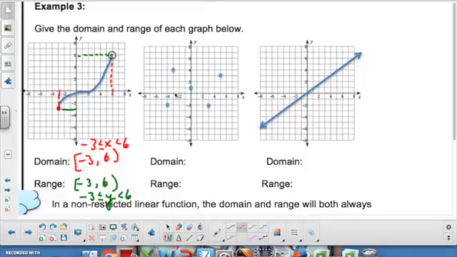This is an example of a relation that is discrete rather than continuous, because notice, whereas here we had a nice clean line with no breaks or gaps, this is just disjointed or discrete points all over. So to find our domain here, we're not going to be able to use interval notation. We're just going to have a list of x values and a list of y values. So I'm still going to look at where I lie on my x-axis to find my domain.